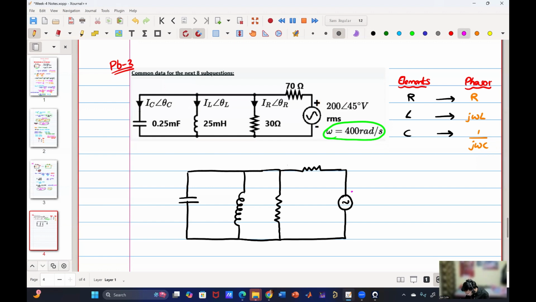They have given the source as 200 angle 45 degrees volt, and this is 70 ohm, and this is 30 ohm. R remains R, but L is j omega L and C is 1 by j omega C. So can you quickly calculate and tell what is the value of L and what is the value of C?